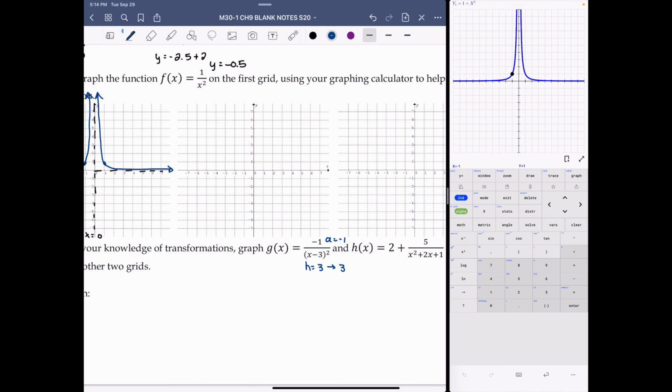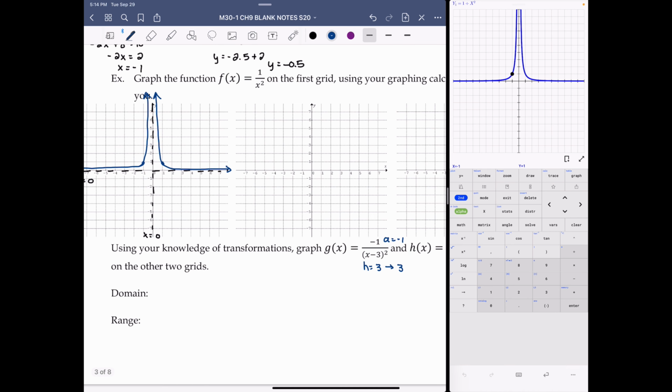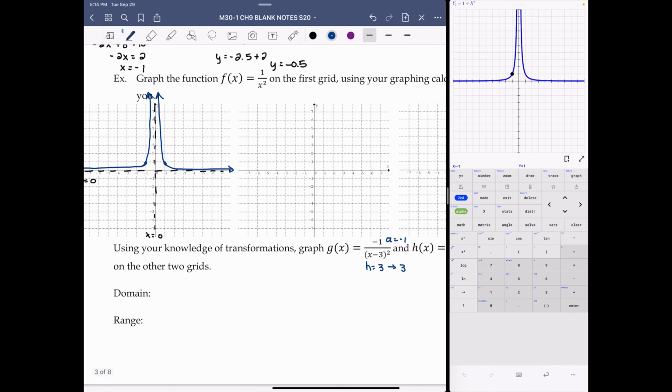And a being -1 shows a reflection across the x-axis. So instead of being up here in quadrants 1 and 2 like our first one, this one is going to be reflected down into quadrants 3 and 4 because a is -1. It's also going to be shifted 3 units to the right because h is 3. So our vertical asymptote is going to be at x equals 3 instead of x equals 0.